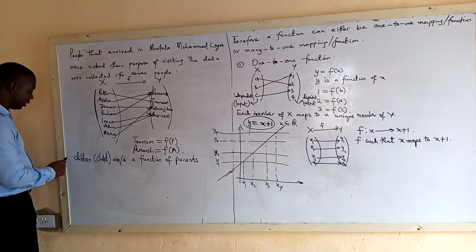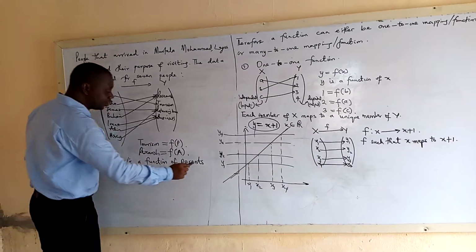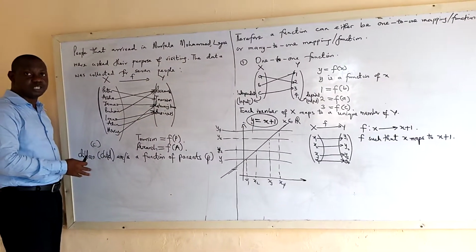So if I use C for child and I use P for parents, how do you write that in a life situation?